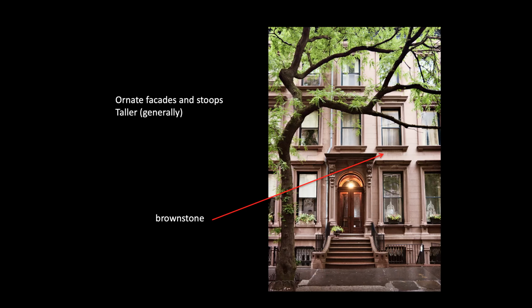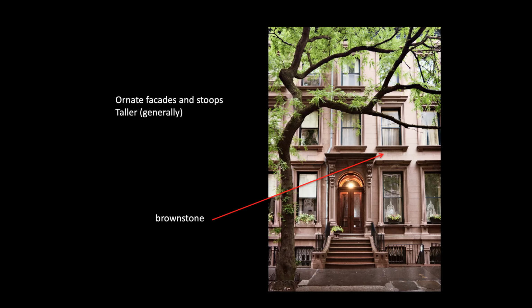So it was relatively cheap, and it's soft, so you could carve a lot of detail into it pretty easily. And it coincided with a period of immigration where there's a lot of skilled stonecutters coming over from Europe, Italy especially. So there was an endless supply of cheap labor to do all this stone carving.